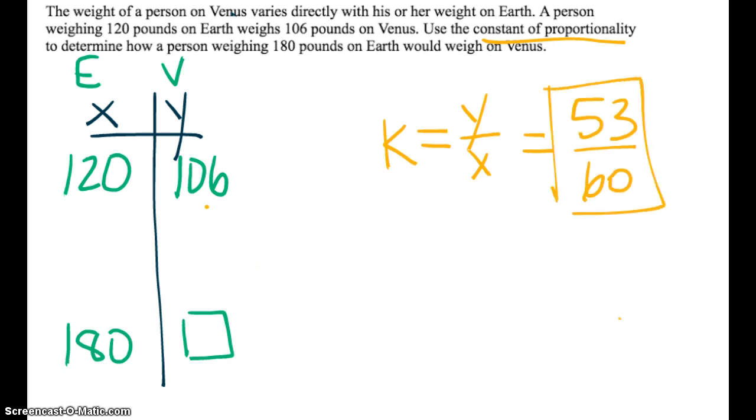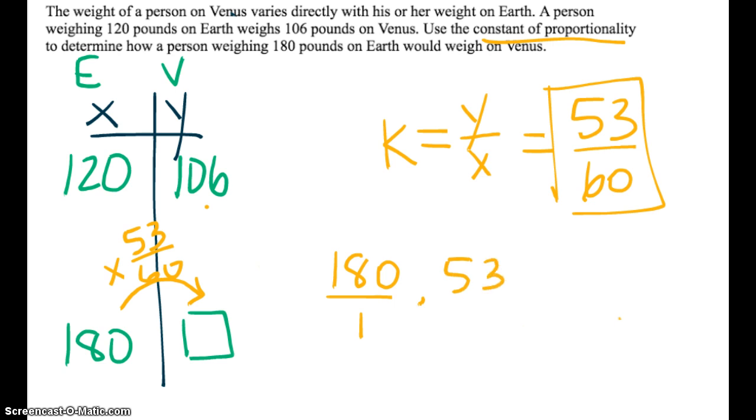Now remember, what is your constant? What does that do for you? You can take your constant and you can multiply it to your X to get your Y. So 180 times 53/60ths. So that means 180 over 1 times 53 over 60.